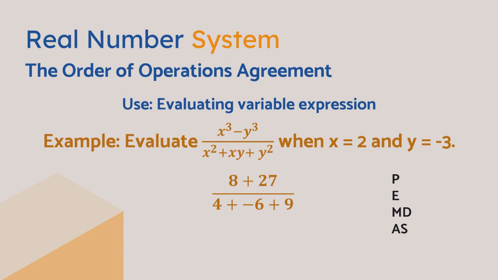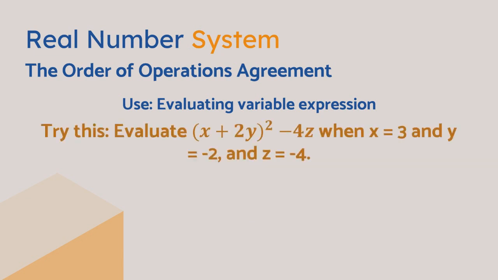We have negative, negative, which needs to be turned into a positive. And voila, we have 35 all over -2 plus 9. We can perform this at the bottom. 9 minus 2 is 7, giving us 35 divided by 7. And now we can perform the division last. This only applies in fractional expressions. You can perform division later or at the end part. The answer is 5.